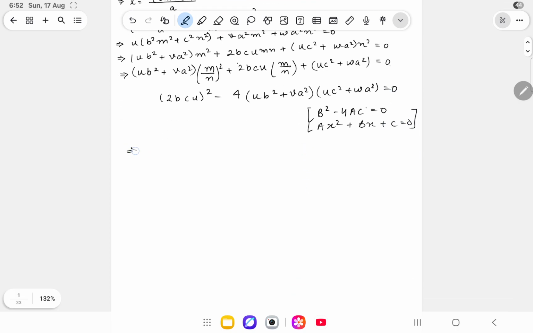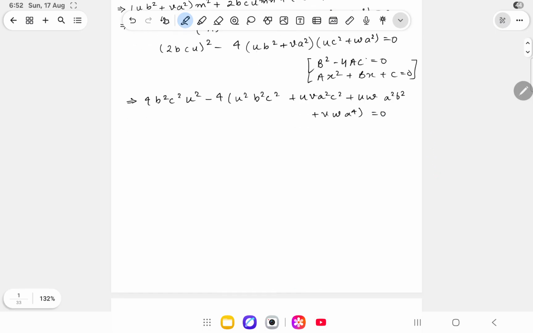If I simplify this equation, I'll get 4B square C square U square minus 4 times the expansion: U square B square C square plus UV A square C square plus UW A square B square plus VW A raised to 4, equals 0. This term and this term balance each other out, so I am left with UV A square C square plus UW A square B square plus VW A raised to 4 equals 0.